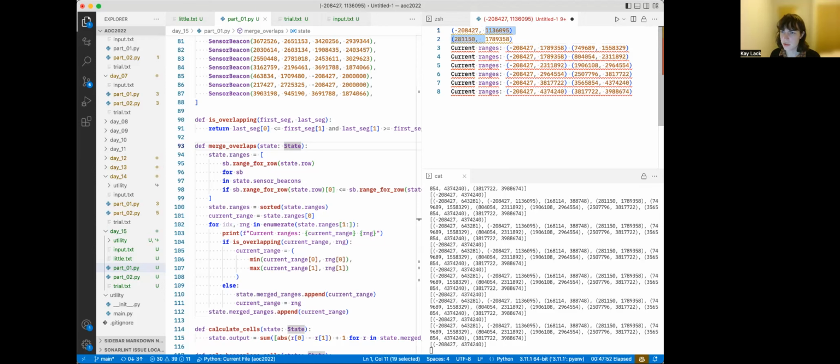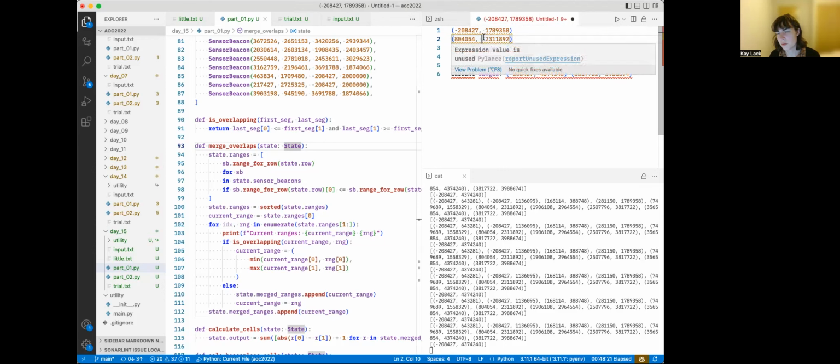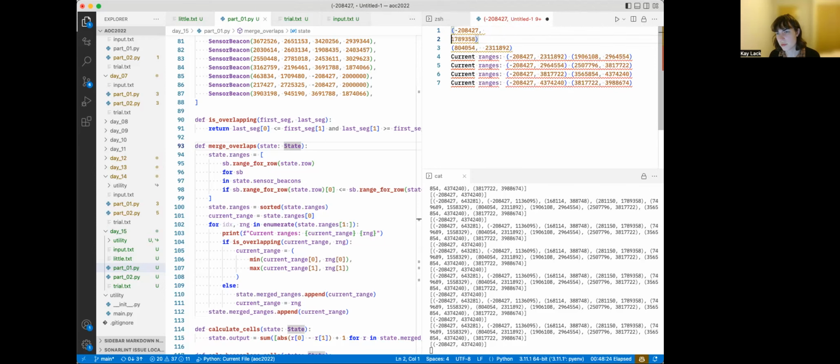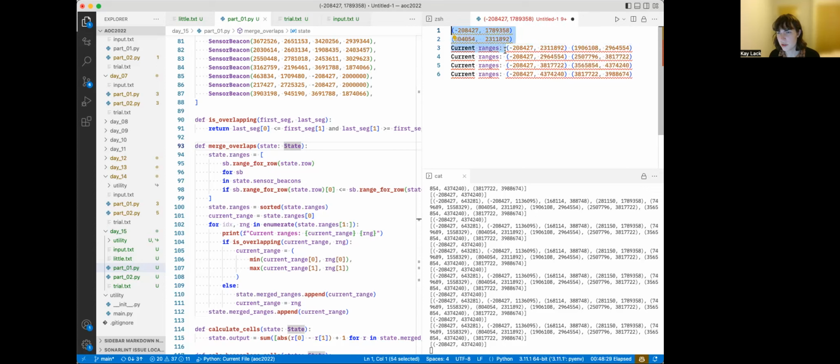So we end up taking these. Do these overlap? Yes, entirely contained by. Do these overlap? Yes, they do. So this logic looks fine.